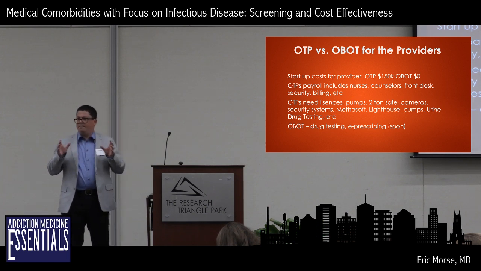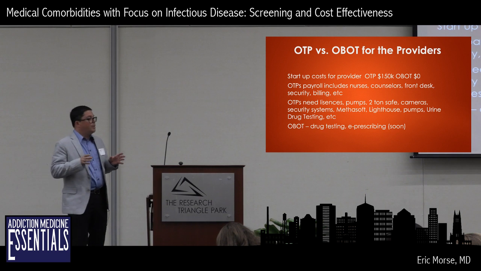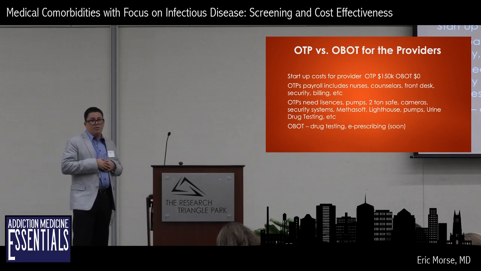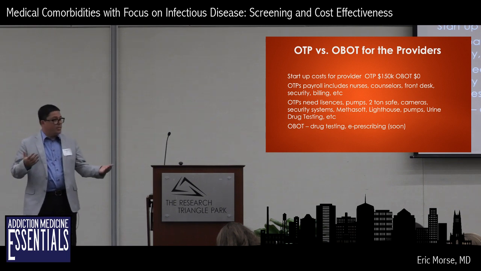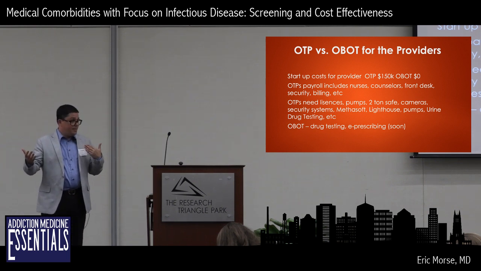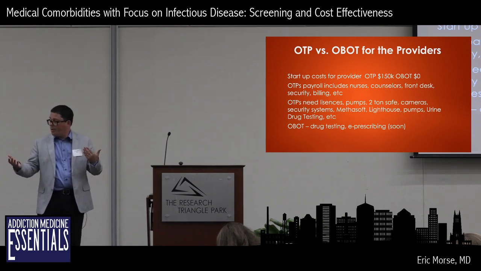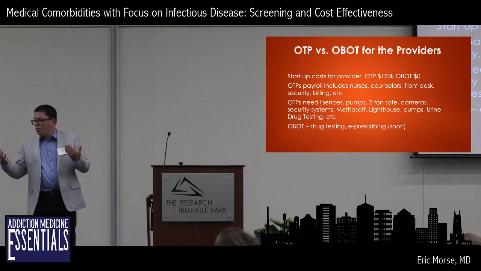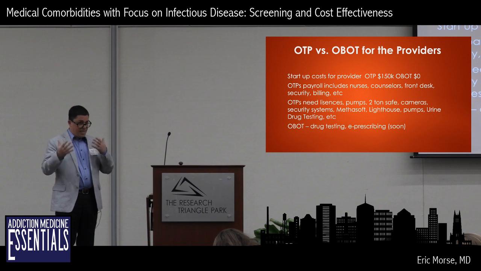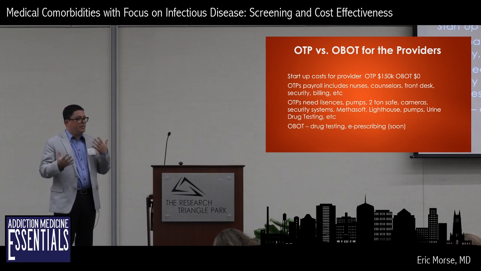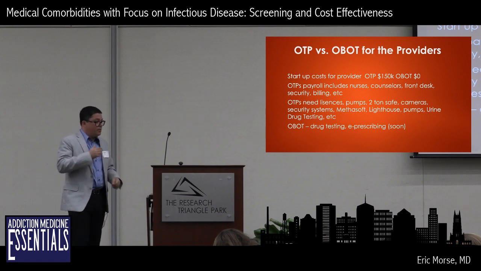They just want to make money, and so I don't help those people. But when a clinician asks me, I'm thinking about an OBOT versus an OTP, my advice is, do an OBOT, because your risk is so much less. And then once you get experience in this patient population, and you decide you want an OTP, you can then do that.